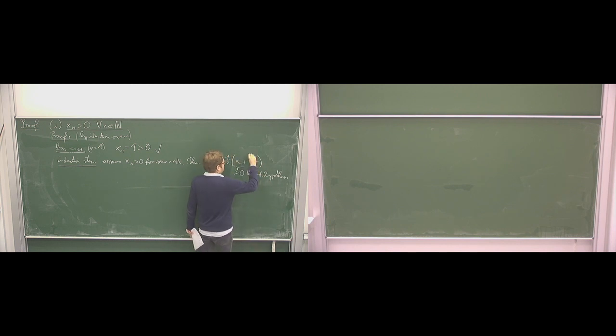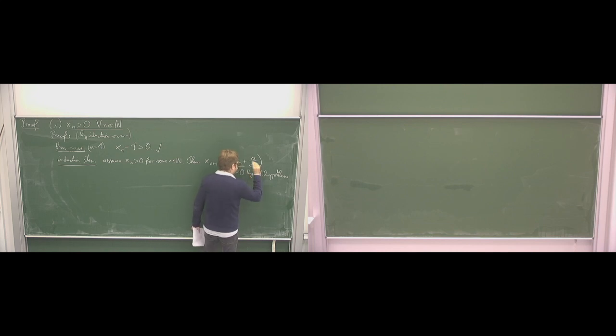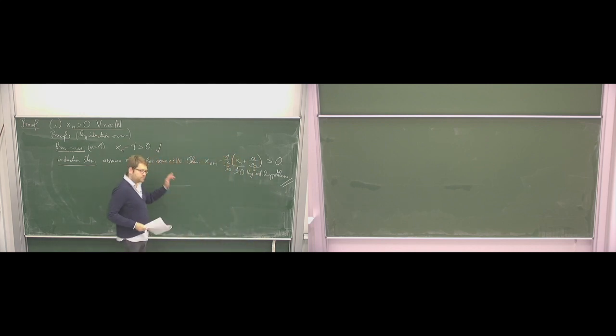And here, same argument: xn is positive and a is positive by definition. So this is positive, this is positive. We have only positive numbers involved, which implies that this is positive, which then proves the claim. Let me mark the end of this sub-proof with this symbol, these two lines.